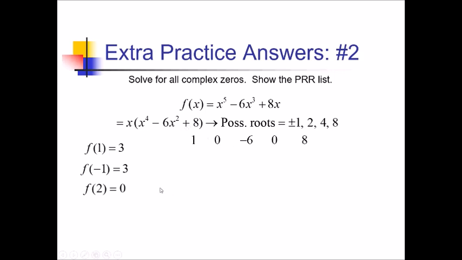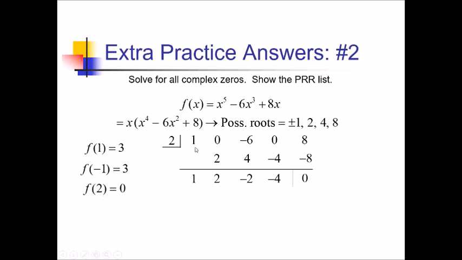And again, I'm using a box number of 2 for this one. So we bring down the 1, times 2 is 2, plus 0 is 2, times 2 is 4, plus -6 is -2, times 2 is -4, plus 0 is -4, times 2 is -8, plus 8 is 0, which is what we were hoping for since we got 0 when we plugged 2 in the other way.